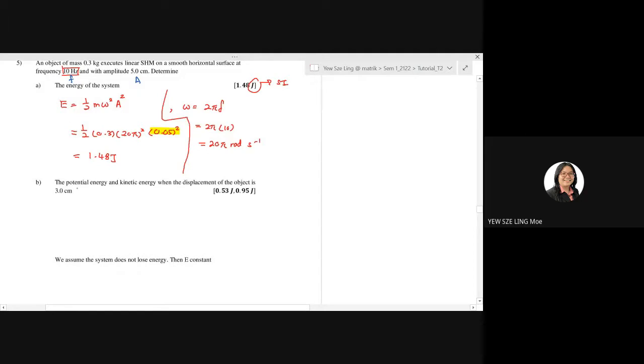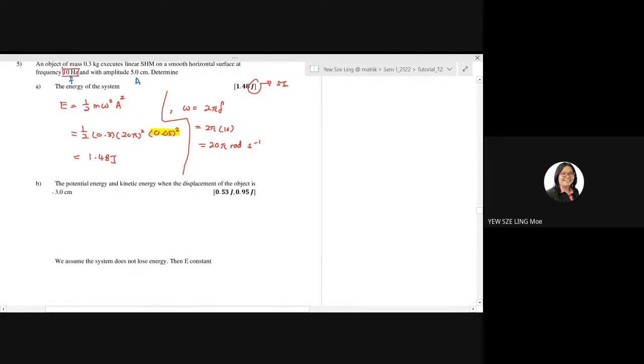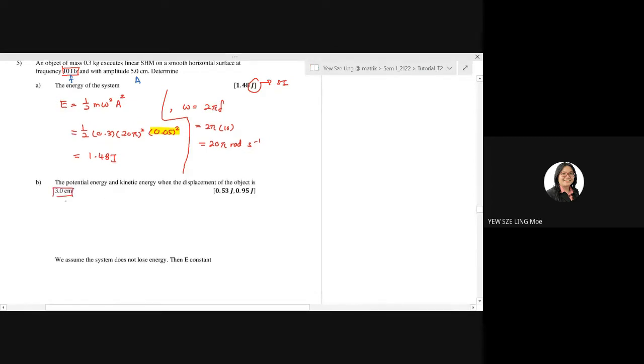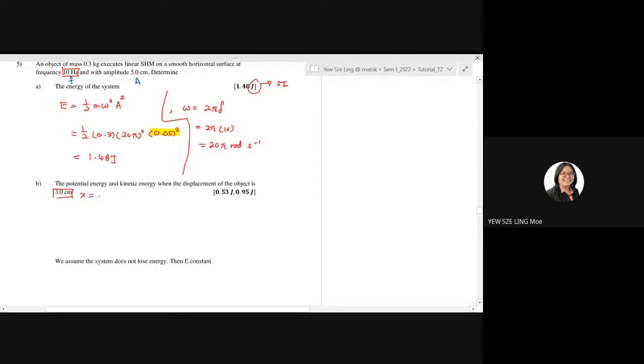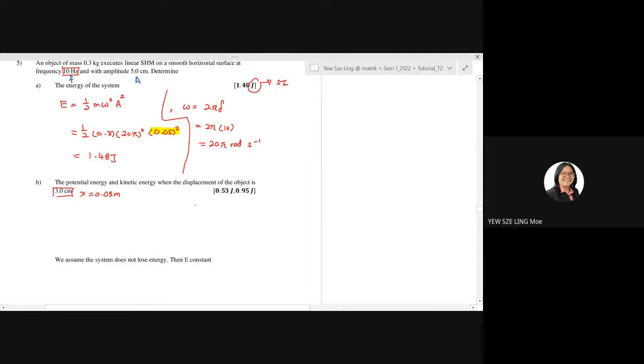Question B: the potential energy and the kinetic energy of the object when x is equal to 3 cm. So now you have x equals 0.03 meter. You want to calculate U and K. Once again, you can do it by using the equations that I showed you in the previous question.